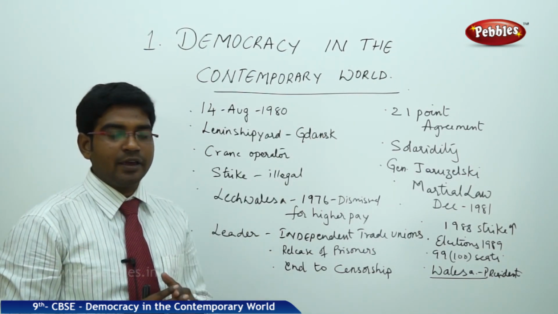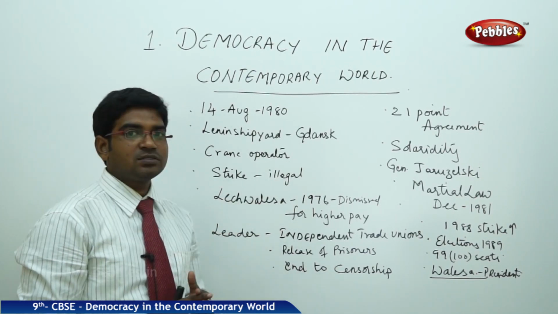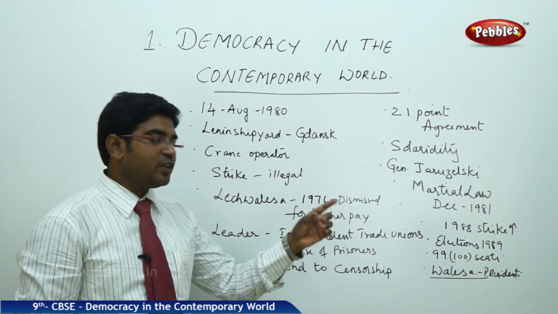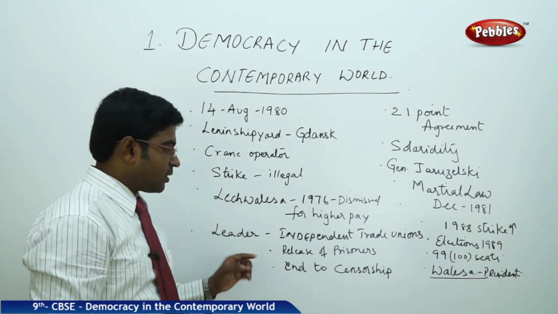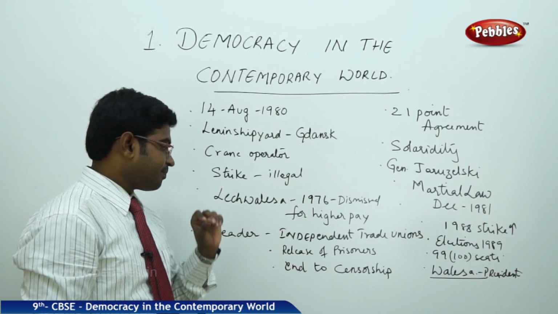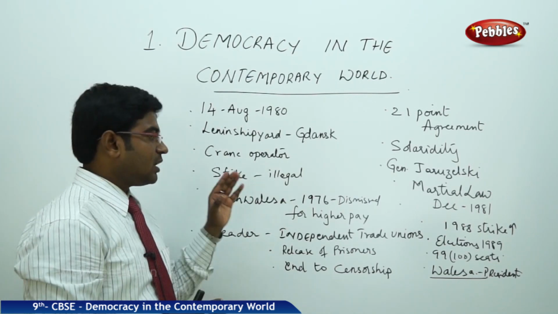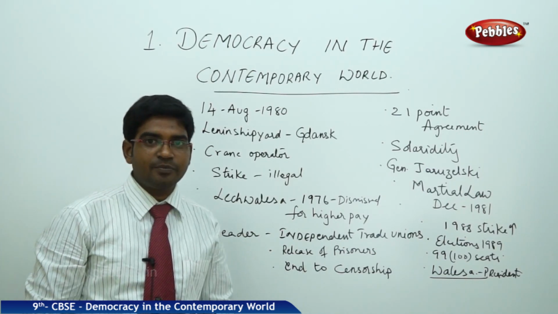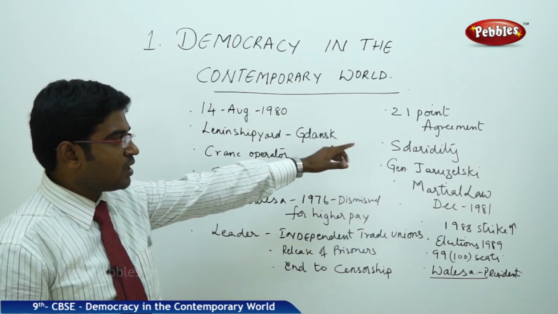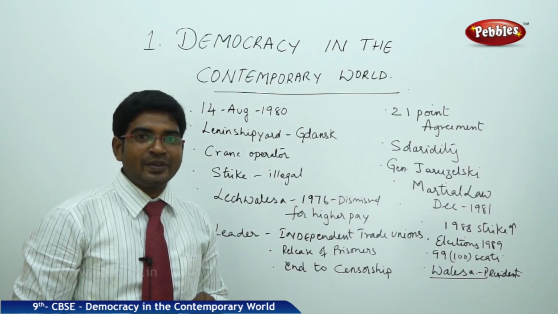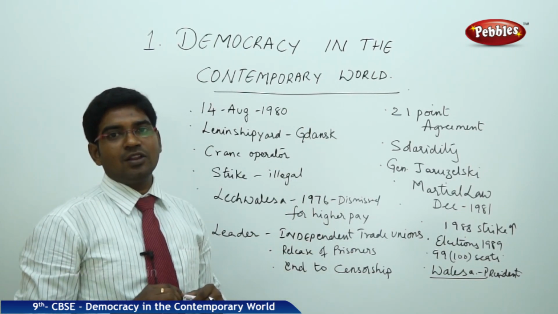As we mentioned earlier, the three major things Lech Walesa demanded were independent trade unions, release of the political prisoners, and an end to censorship on the press. So he got the authority to establish a trade union, which he established under the name of Solidarity.